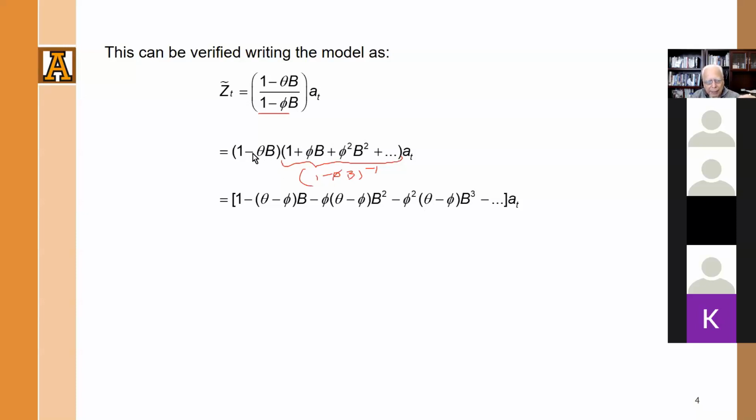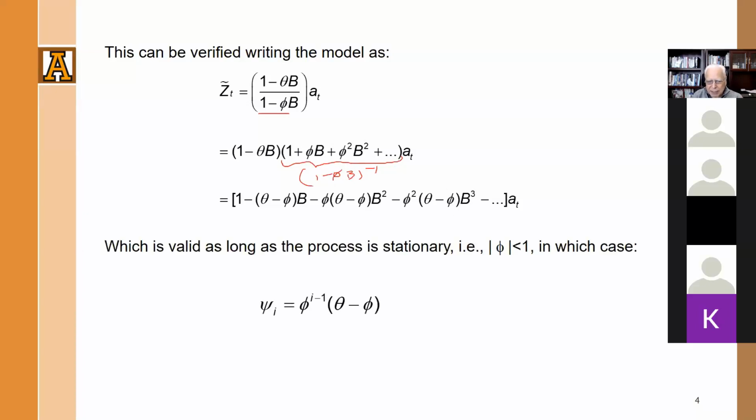Okay, I just keep multiplying 1 minus theta B times all these terms in this polynomial. So if the process is stationary, then phi is less than 1 in absolute value, and in this case psi sub j, the coefficients of this representation of the model, the psi weights, are phi to the j minus 1 times (theta minus phi).